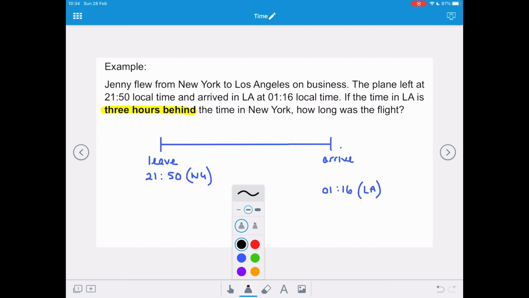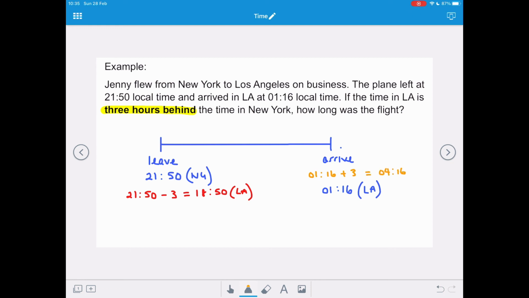So in order to work out the time interval, we can either work out what time Jenny left New York in LA time, and we can do that by 21:50 take away 3, and that equals 1850 hours LA time. Or we could work out what time she arrived in New York time, and we do that by taking the 01:16 and adding on 3 to give us 04:16 New York time.